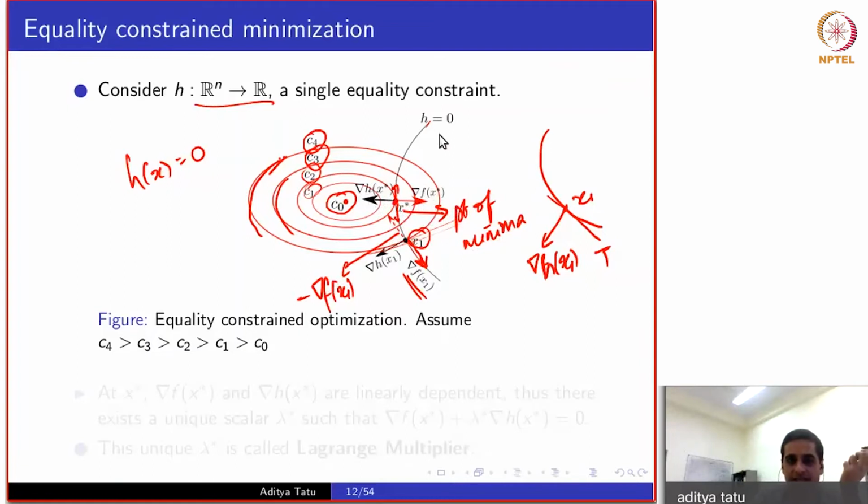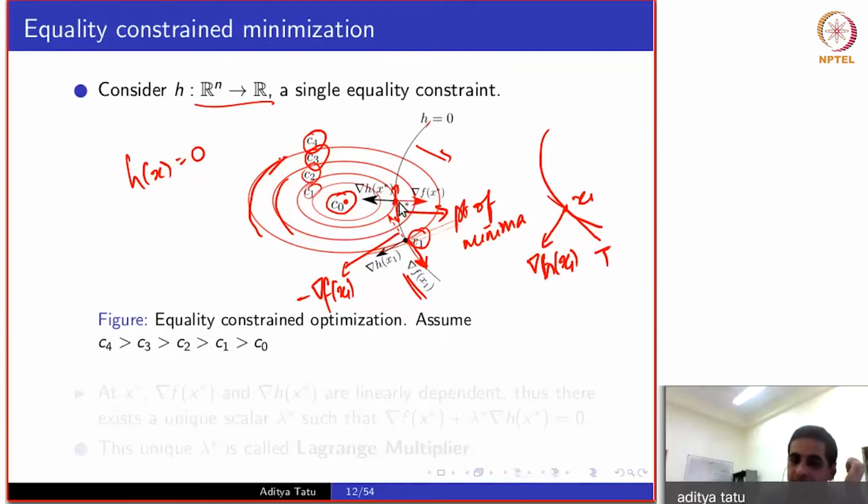Maybe the function value h increases in this direction. In that case, the gradient, this black arrow, would have been drawn in the opposite direction. Excuse me, sir. In the diagram, why is the gradient of f at the point x star pointing horizontally?